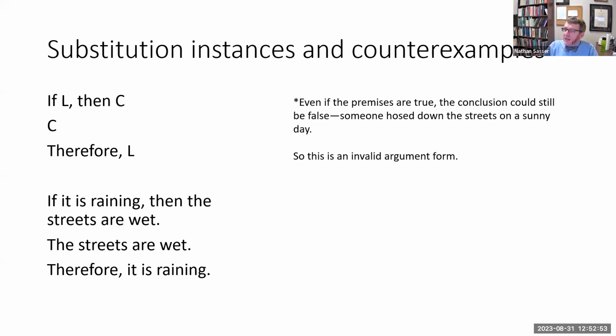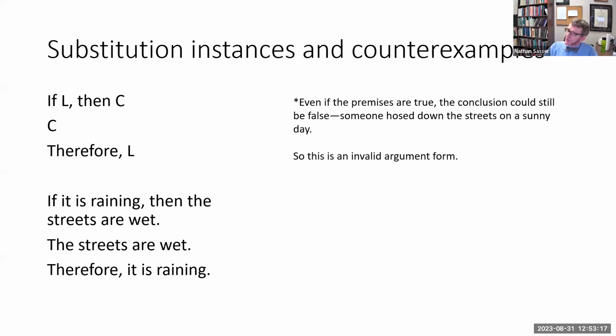For example, let's make L stand for it's raining. And let's make C stand for the streets are wet. Now, if we plug in those substitutions, here's what we get for this argument form. If it's raining, then the streets are wet. That's true, let's say. The streets are wet, and maybe that is true.